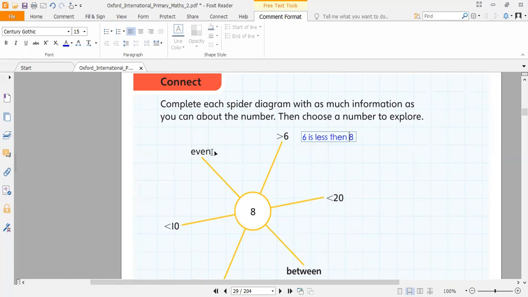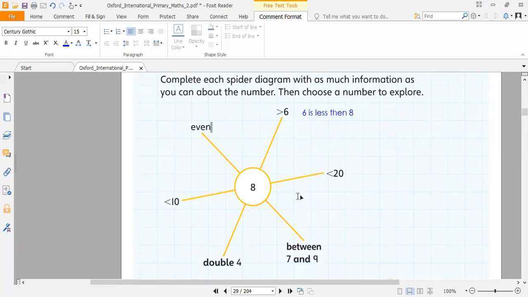Even. We can write that 8 is an even number. What are even numbers?